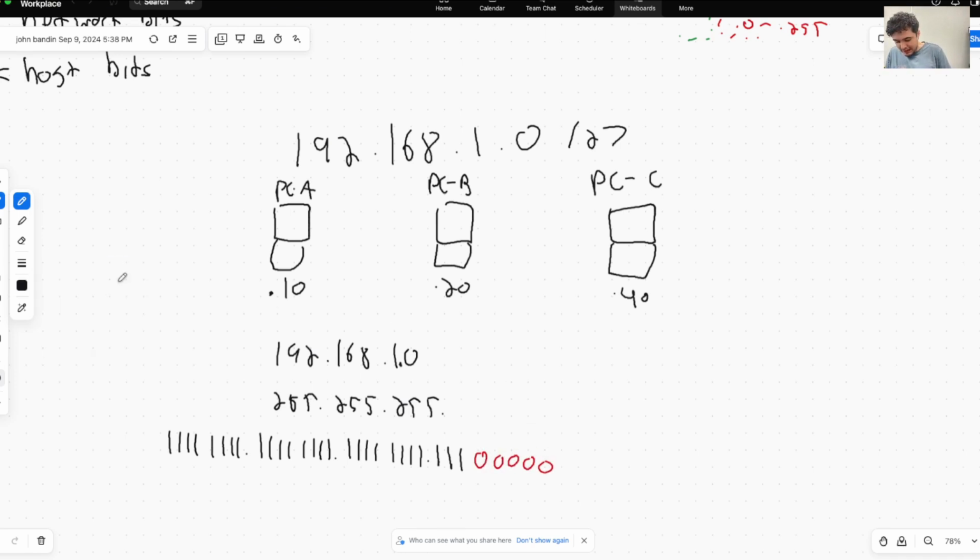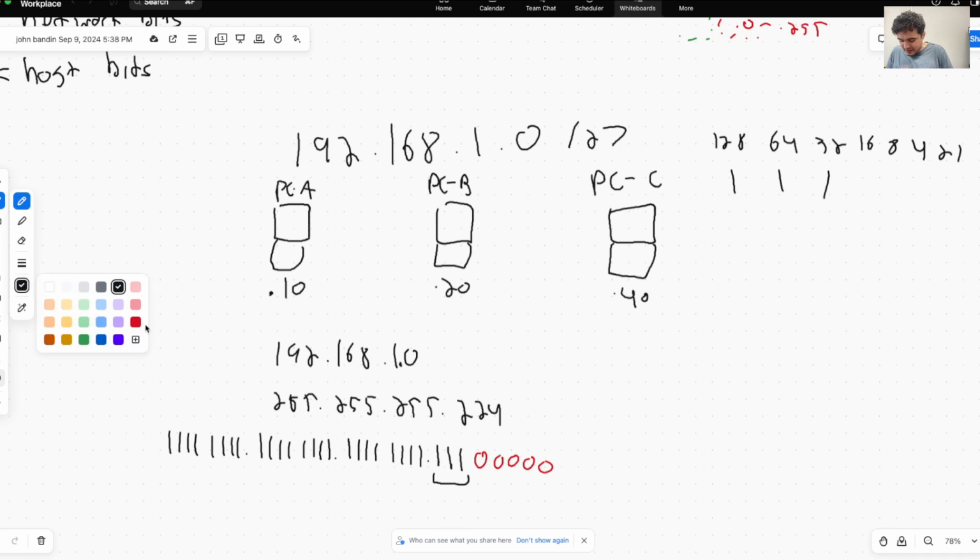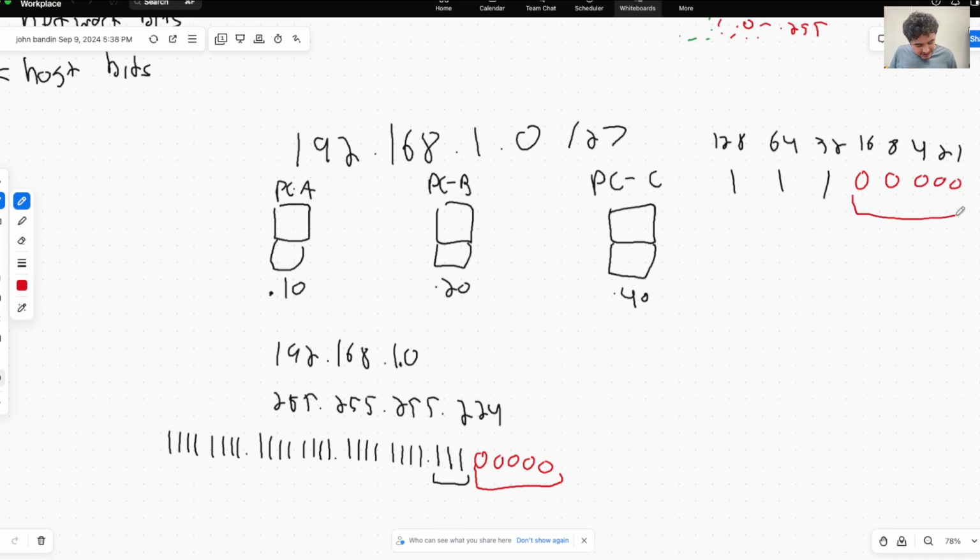And if I write my binary conversion chart out over here, and ask what's the last octet of my subnet mask, I'm just going to line these up. 1, 1, 1. I add those together. That equals 224. Now, what's my host range? Well, I can take all these hosts, line them up, add all that together, and that equals 31, but 0 counts as 1, so really 32. And I can say my host range is .0 to .31.